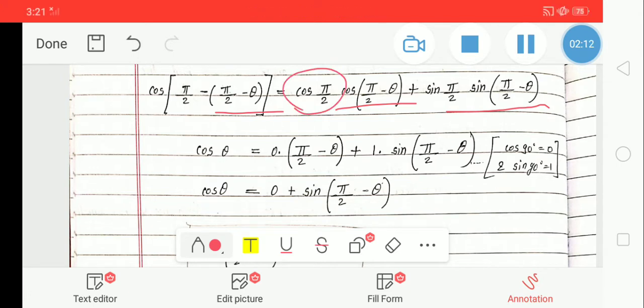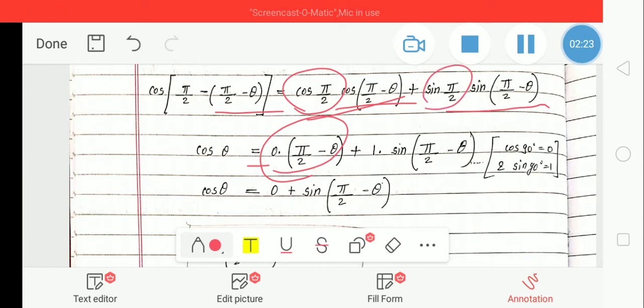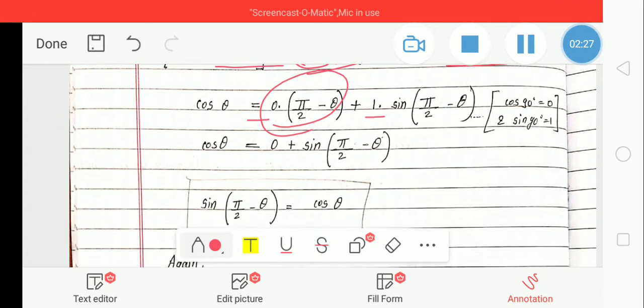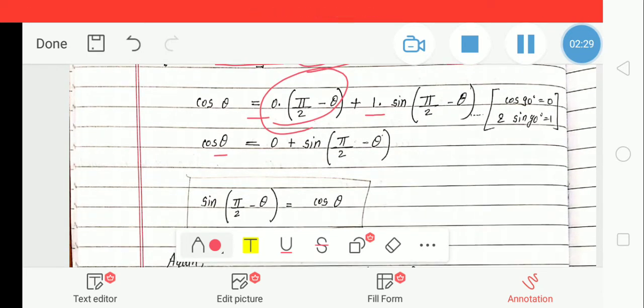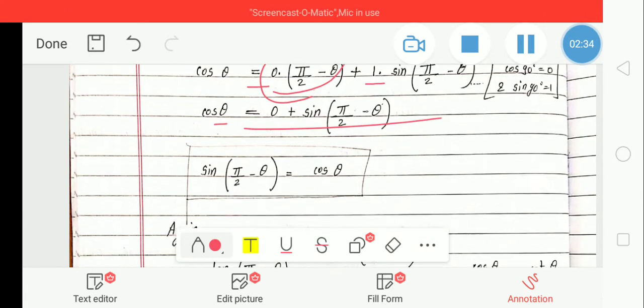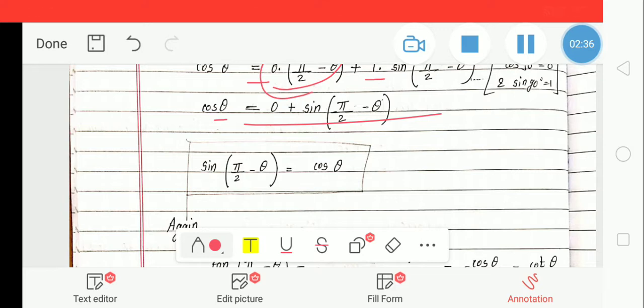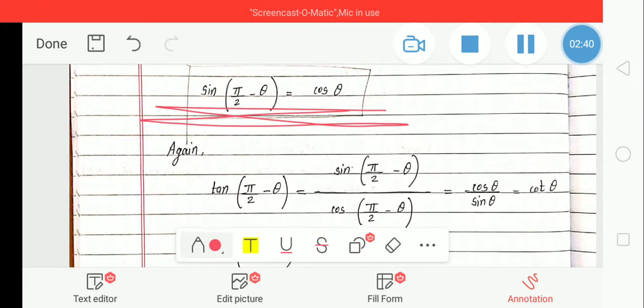We know that cos of 90, that is pi by 2, is 0, so the whole first term is 0. We know that sin 90 is equal to 1. So cos theta is equal to 0 plus sin of pi by 2 minus theta. That means sin pi by 2 minus theta is equal to cos theta.